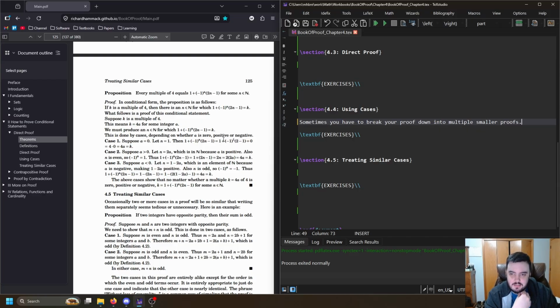This is done by cases, depending on whether a is 0, positive, or negative. Right, okay, that makes sense. Suppose a is 0. Then you just put 1 in there to get 0 out. And then a positive a.